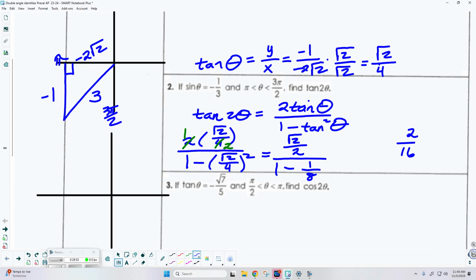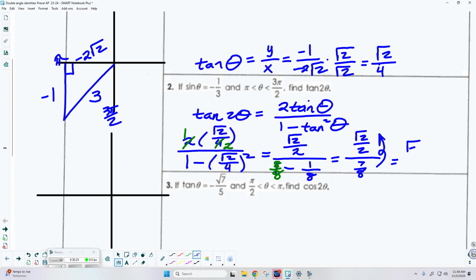So my common denominator would have to be 8. So I'm going to rewrite 1 as 8/8 because that's still 1, right? So square root of 2 over 2. How many 8s do I have? 7 8s. Now, we multiply by the reciprocal. We should have our answer.